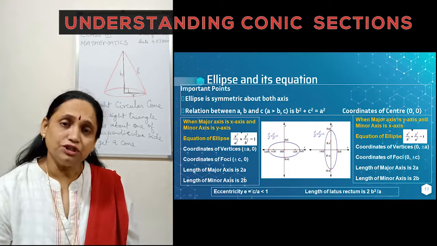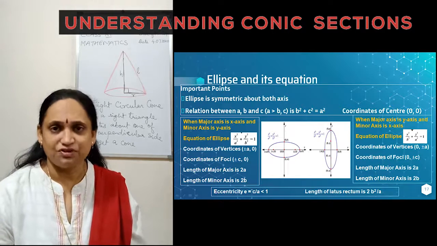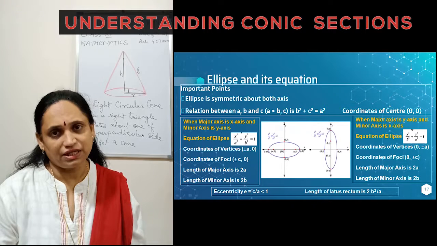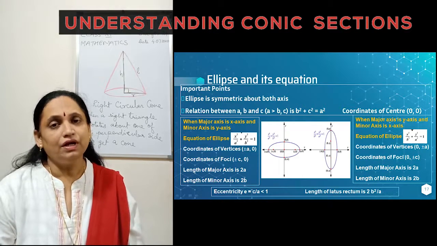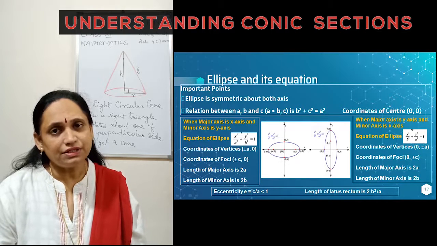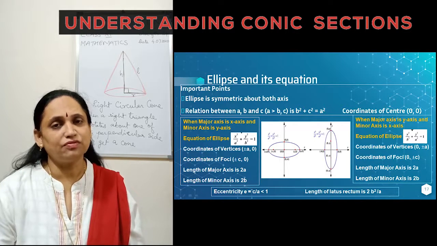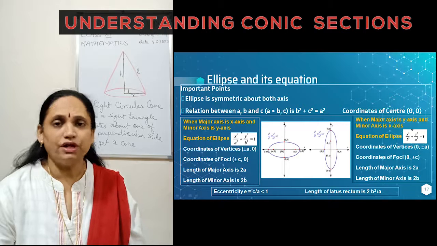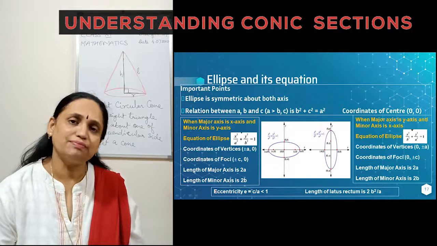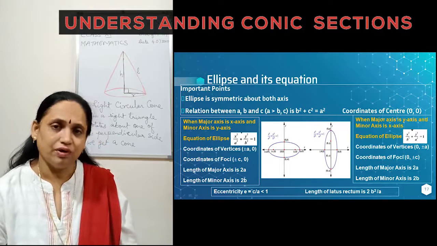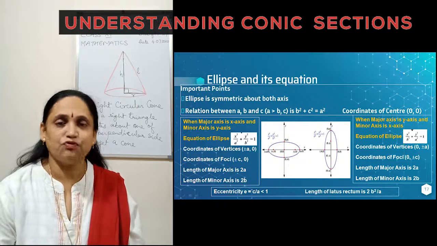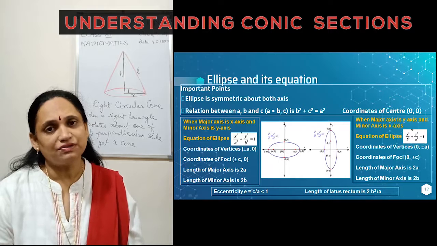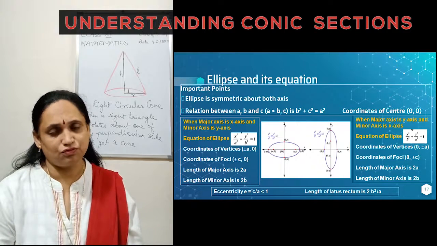Then the equation of an ellipse when the x-axis is the major axis is x squared upon a squared plus y squared upon b squared is equal to 1. And the coordinates of the vertices in this case are (±a, 0). The coordinates of the foci in this case are (±c, 0). Similarly, when the y-axis is the major axis, the equation of the ellipse is y squared upon a squared plus x squared upon b squared is equal to 1.